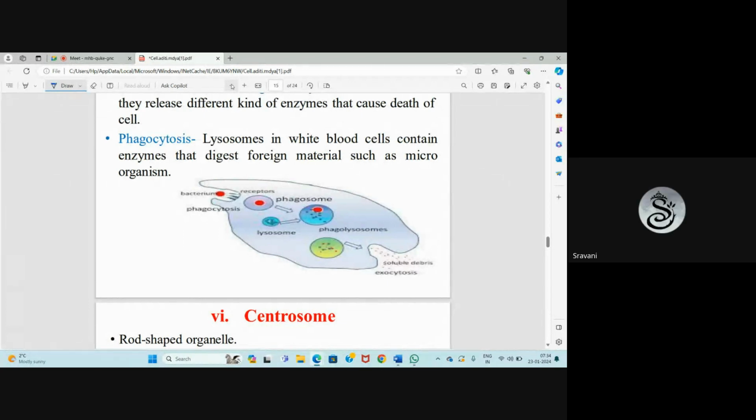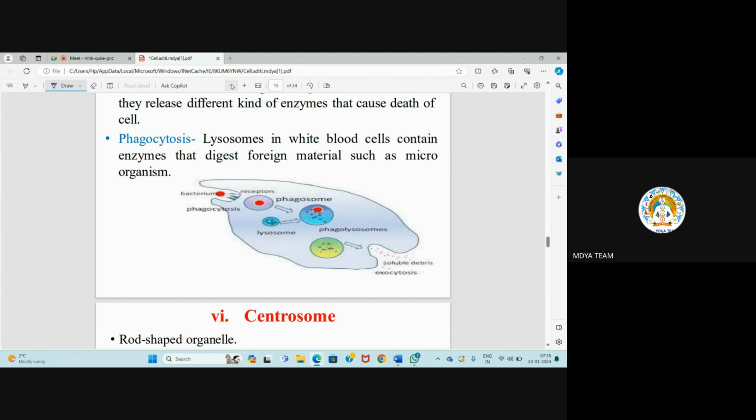White blood cells. Yes, very good. White blood cells are our defense strategy of body, means they are the army of our body, defense persons of our body. So in white blood cells, these lysosomes are acting as the digester of foreign materials.